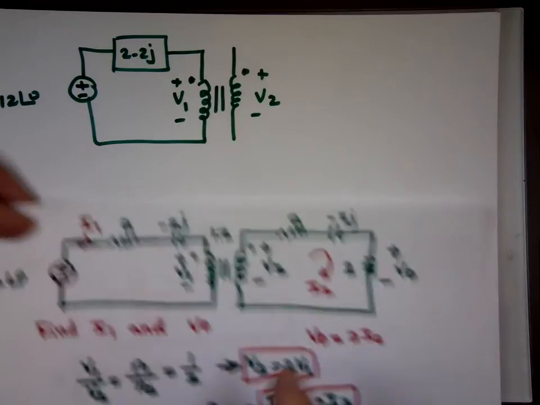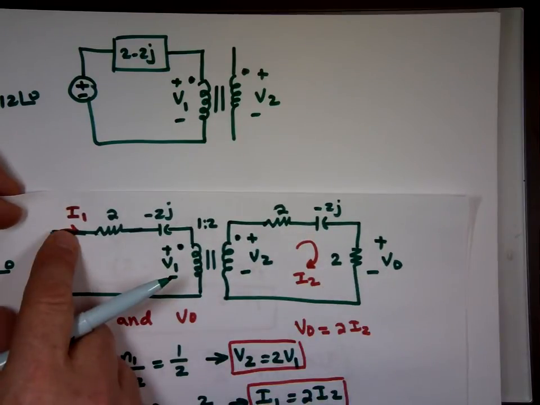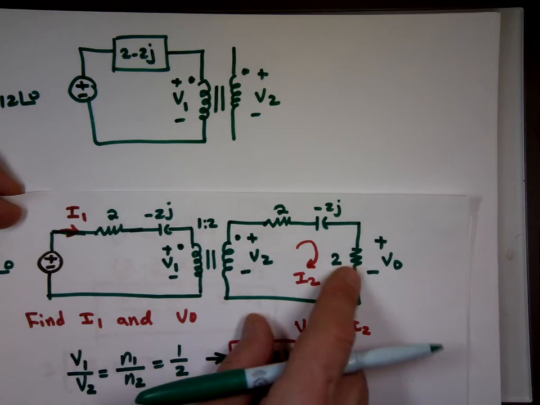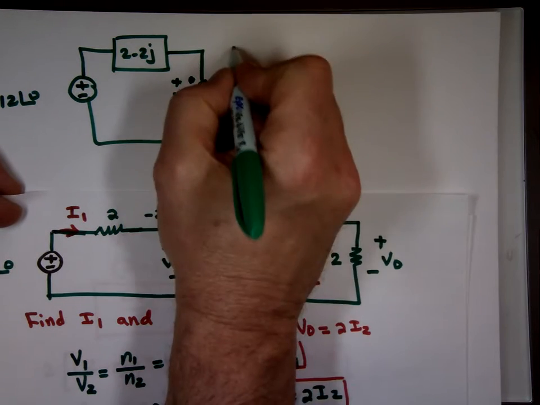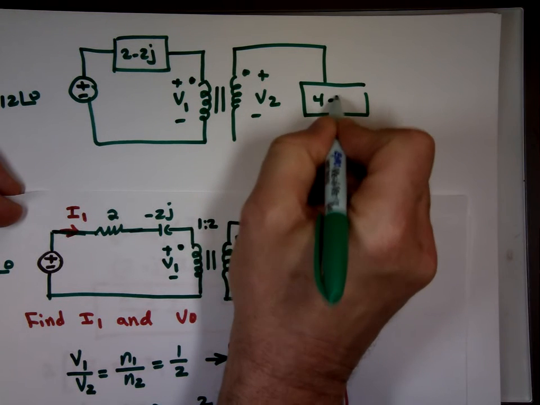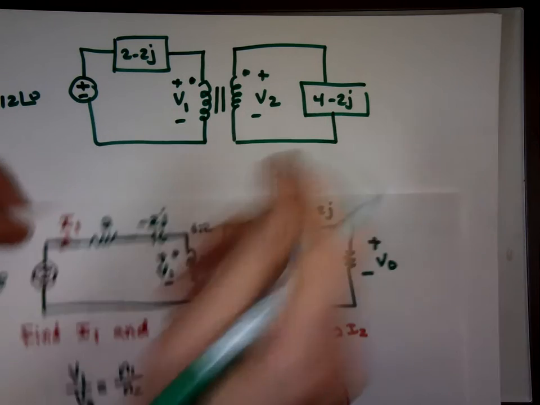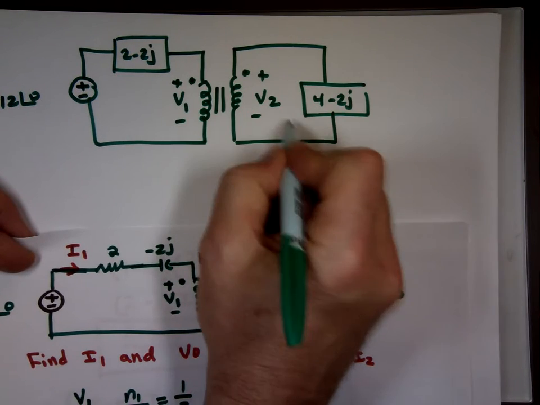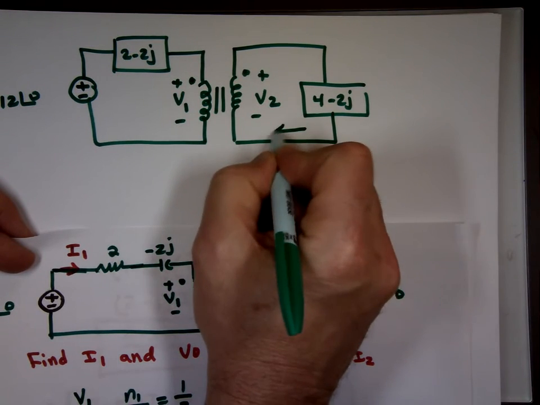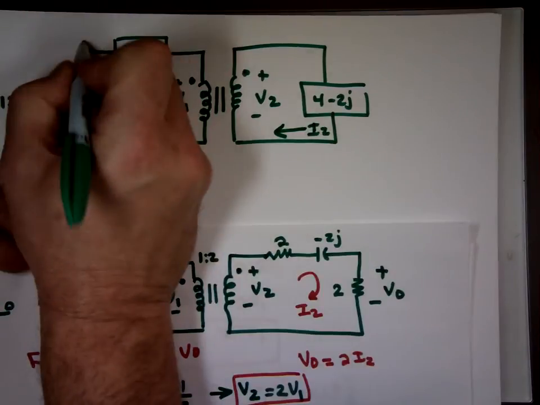And I can combine these guys because I don't care about V out. The question, find what is I sub 1. I can take 2 and 2, 4 minus 2j. And I'm defining I sub 2 going this way, and I sub 1 going that way.